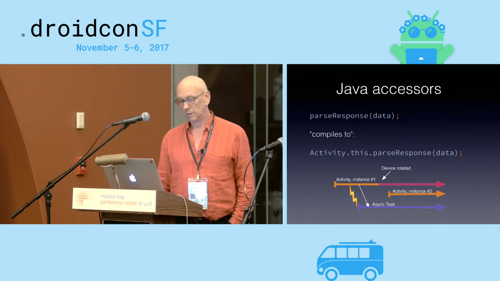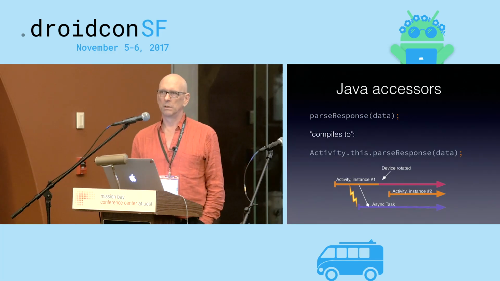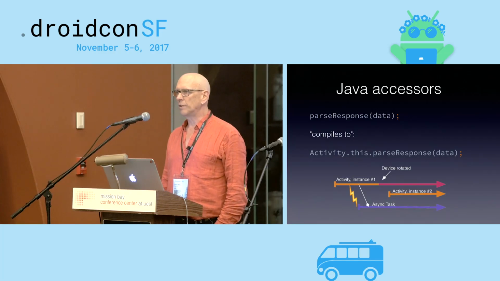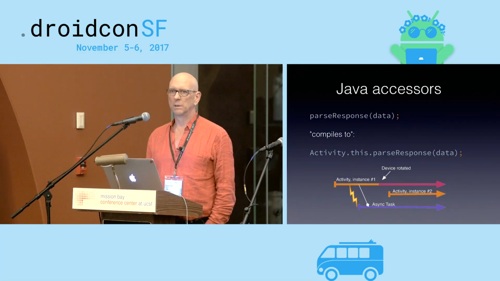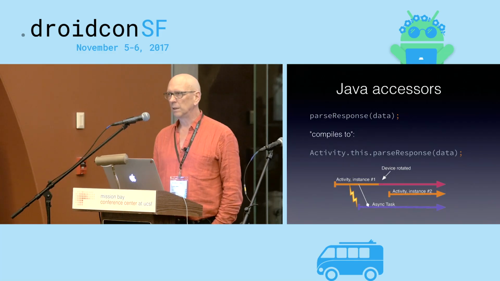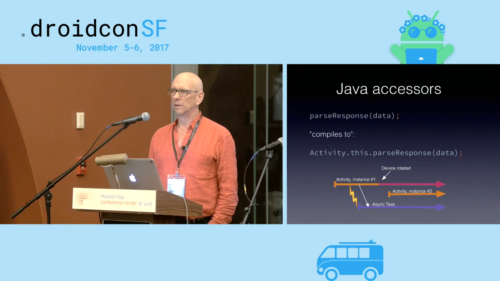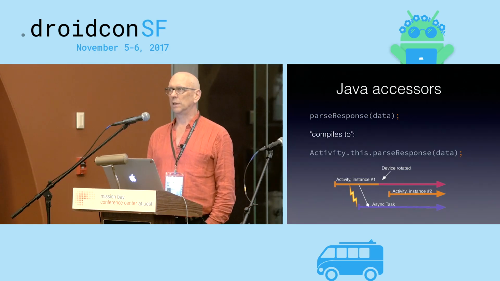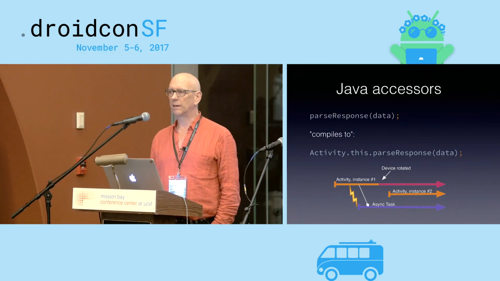Well, if this is nested in an activity, then those things are references to the activity. And this is the one that snags just about everybody. If it's not a static class, it has an implicit reference to that container object.